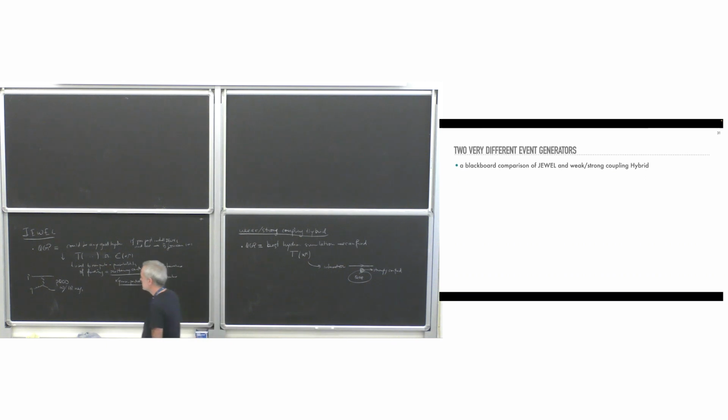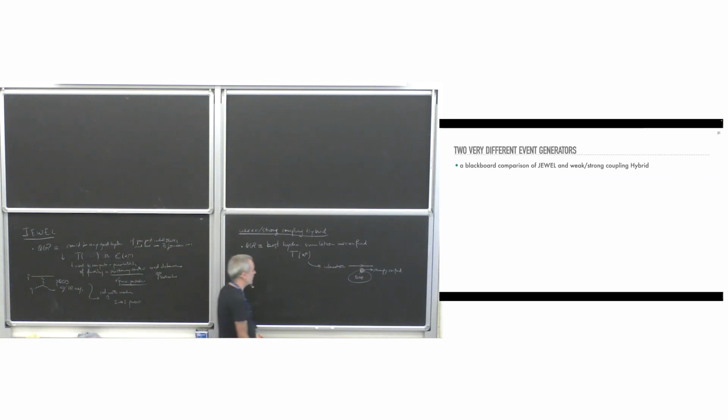So here it's more or less clear what will happen. So everything in Joule, so interaction with medium is a 2-to-2 process. Okay. That's how it interacts.